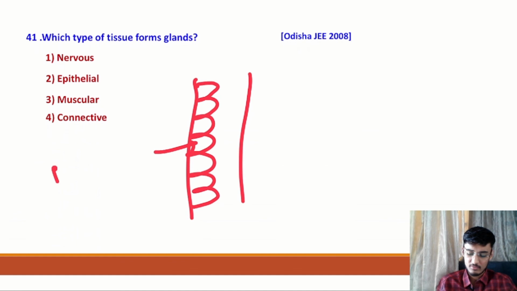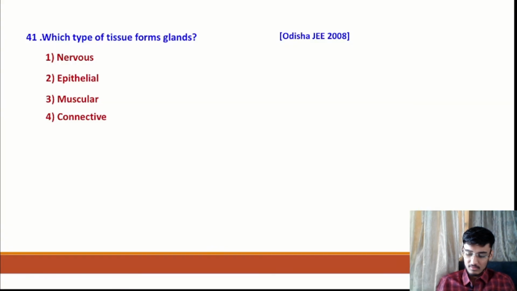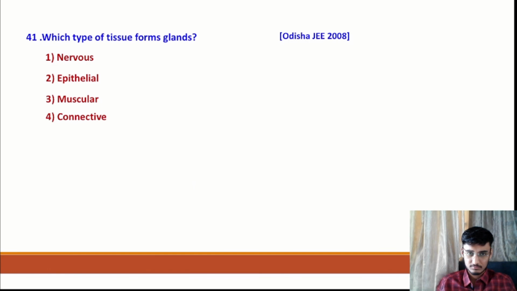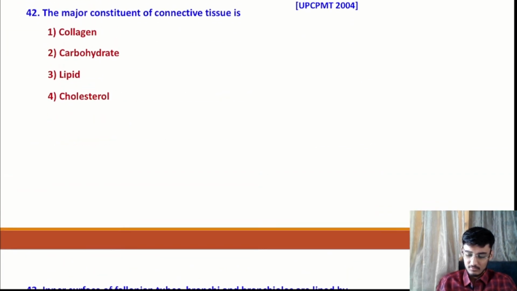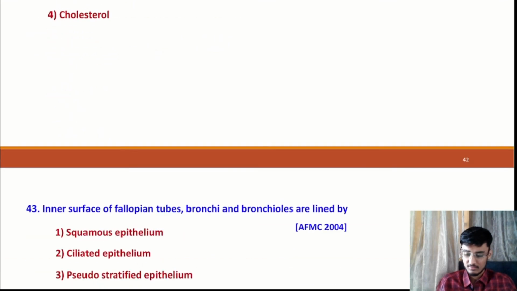This type of tissue forms the gland. The major constituent of connective tissue is called collagen. Collagen is associated with our skin.